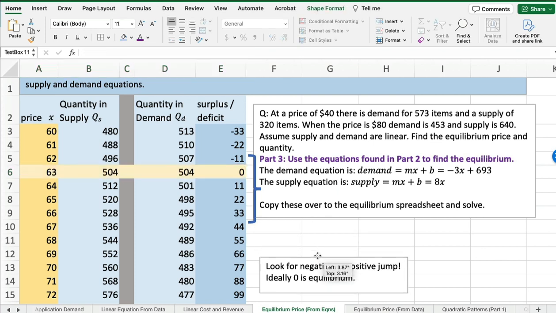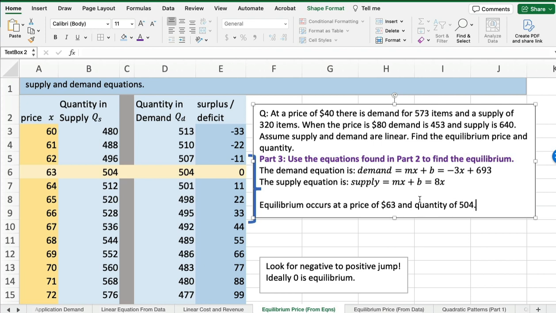So to answer the question then, we go over here into our text box, and let's answer the question. Equilibrium occurs at a price of $63 and quantity of 504.